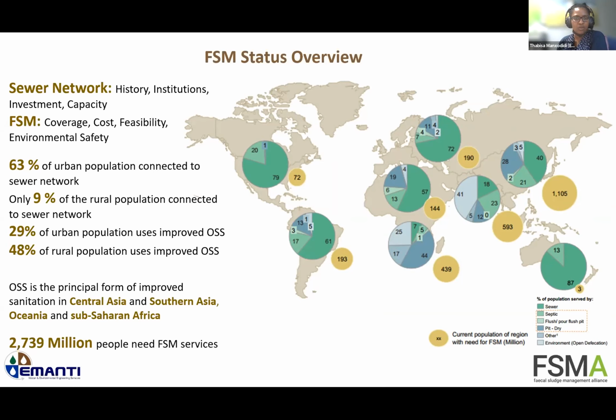These are just the overall statistics that have been collected in the past, just to get an indication of 63% of urban population connected to the SUA worldwide. This number could be growing, because every day we know that the people that are working with this system are connecting and doing these things. And then only 9% of the rural population connected to the SUA, especially in South Africa.